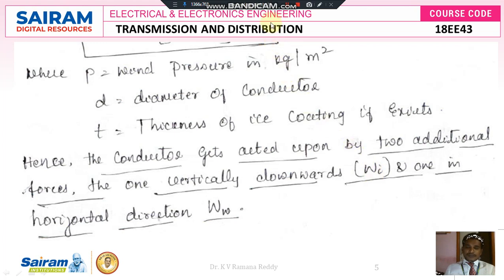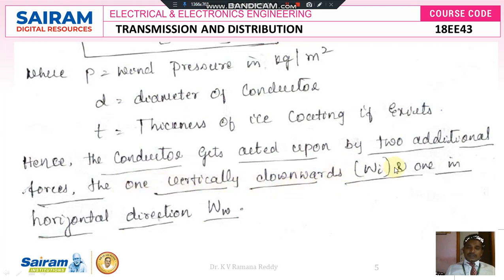Wi, which is the weight of ice on the conductor. The weight of ice on the conductor is a force that acts vertically downward.